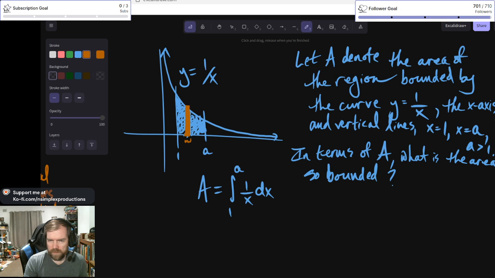Its width is going to be delta x, and its height is going to be the function.